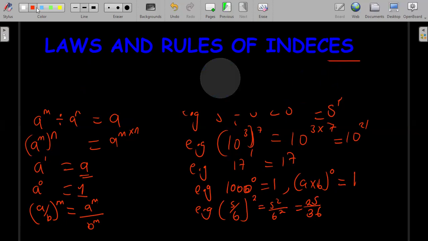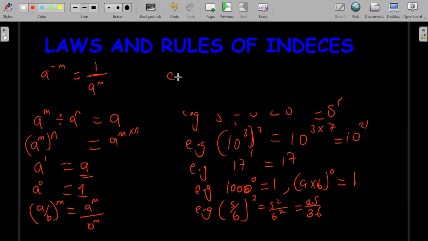Let's say a to the power negative m. This we actually write in the form of a fraction. 1 is always the numerator. Then you get the base and the power the way it is, but you get rid of the minus. So you'll get your base a to the power m without a minus.